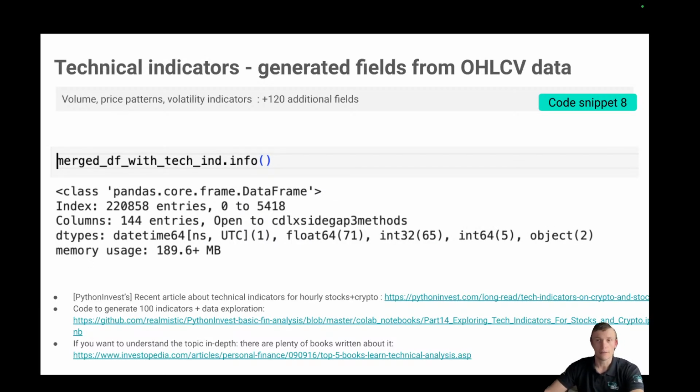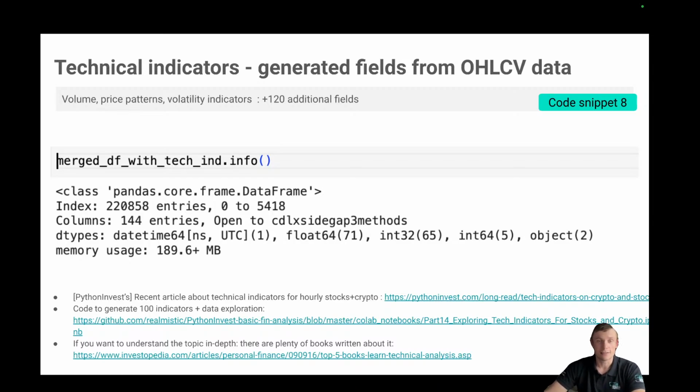Okay. This section is about technical indicators. Roughly speaking, there are 2 types of investors. One cohort love technical indicators, some time series generated numbers, and we saw previously SMA 10, SMA 20, and you can get 120 additional fields on this.